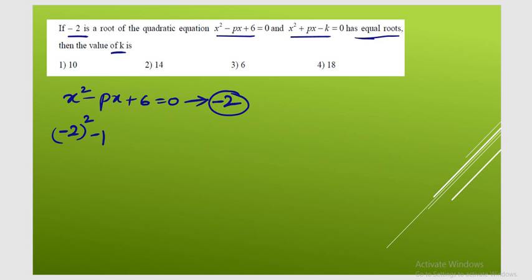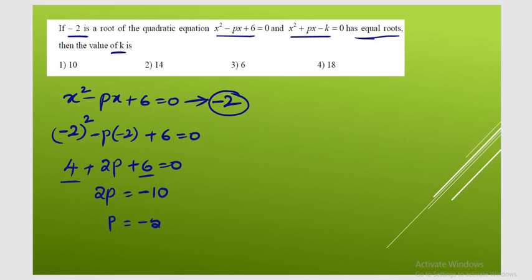So minus 2 whole square minus p times of minus 2 plus 6 is equal to 0. When I simplify, 4 minus of minus is plus 2p plus 6 is equal to 0. So 2p is equal to, 4 plus 6 is 10. When I transpose it, it becomes minus 10. So from this p is equal to minus 5. So we got the value of p as minus 5, right?